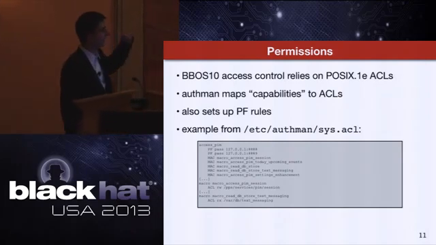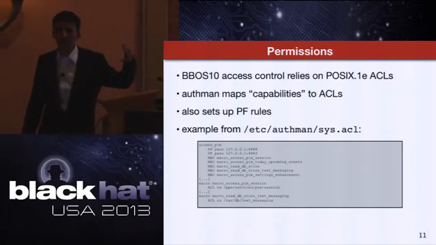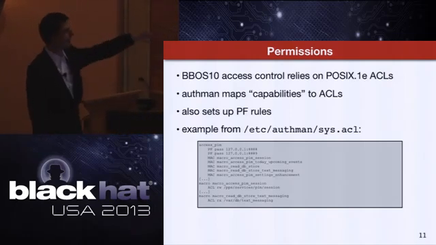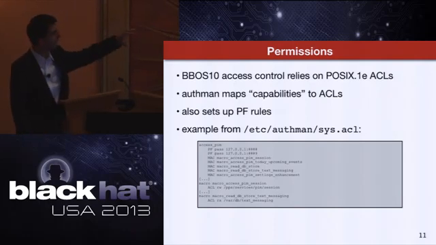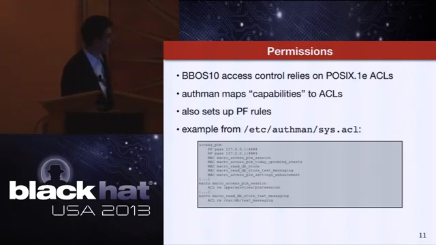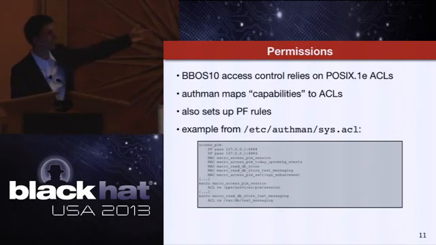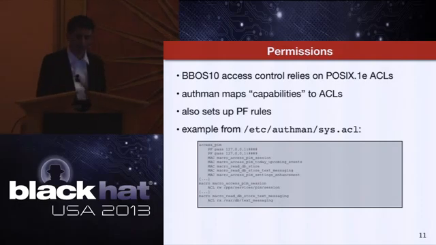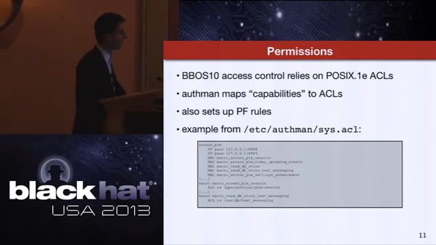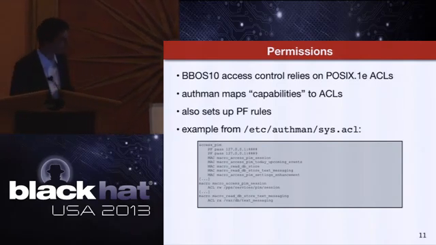How this works is the application requests permissions through a device, and authman grants them according to configuration files which are stored in etc authman. In these, you can actually have macros for other things. For instance, if you want access to the personal information manager, then you have this access PIM, right?